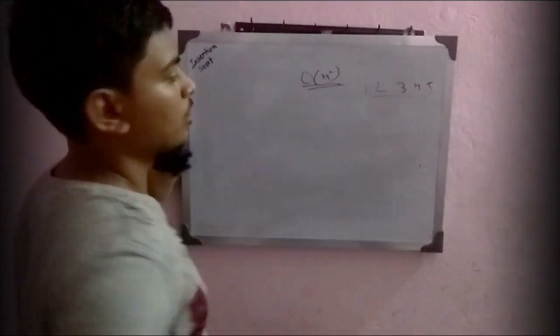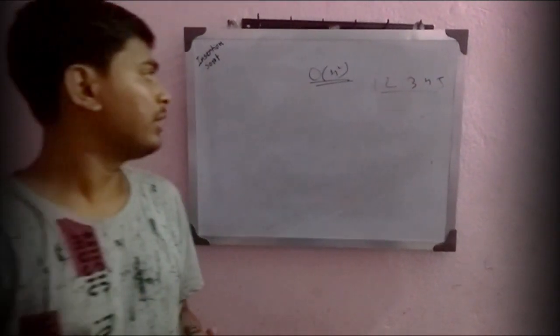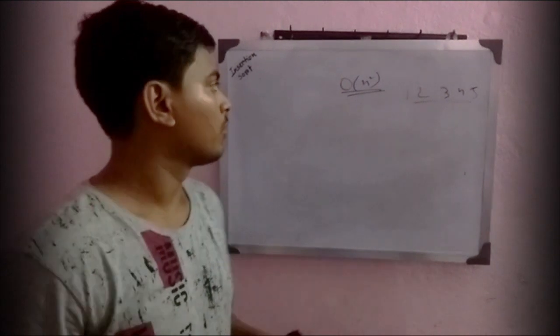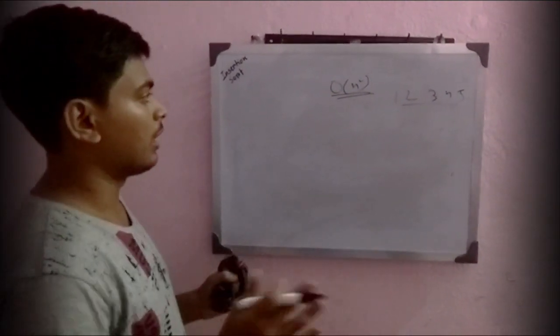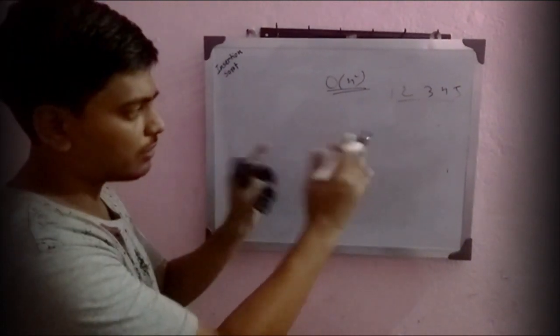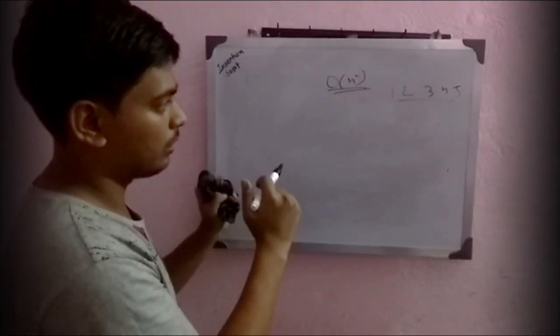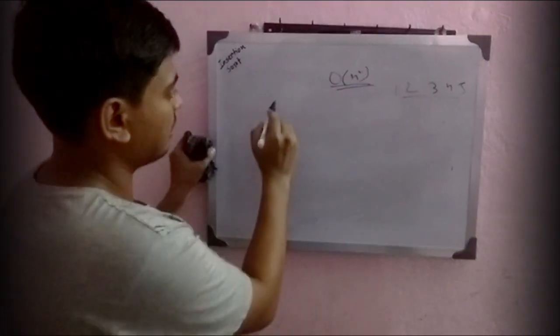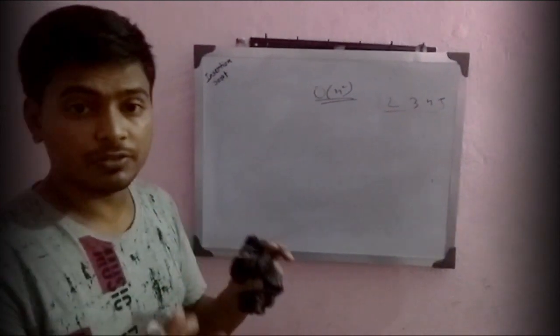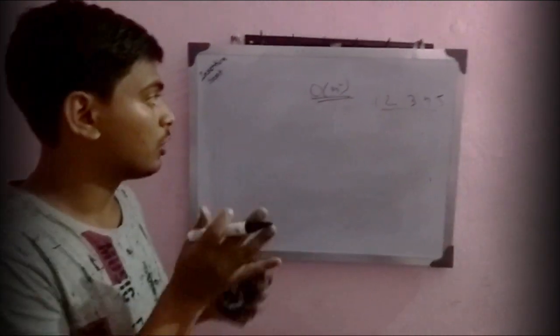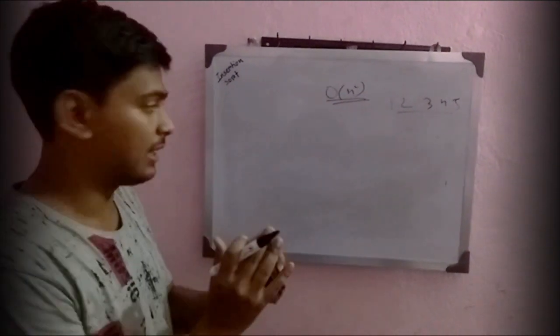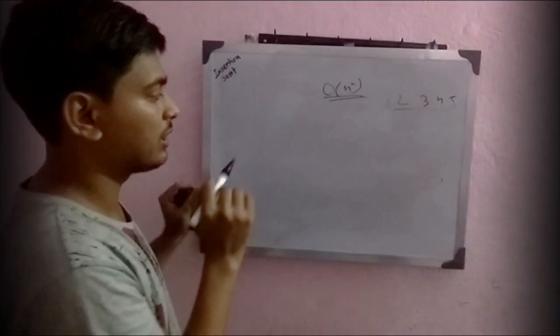Okay. So the question is, when do we use insertion sort? If the size of the array is small and the number of shifts we have to do is less, then we use insertion sort.